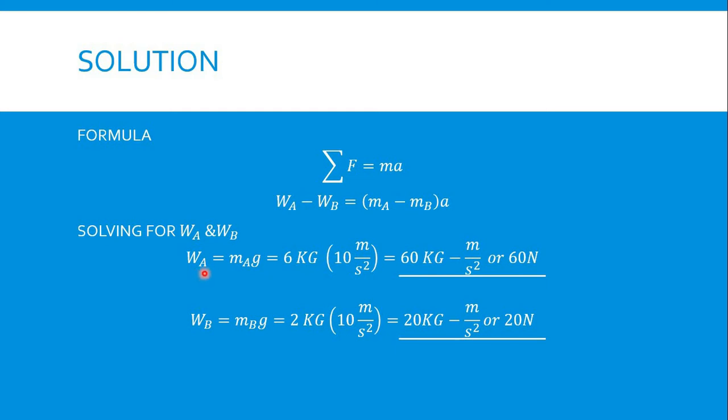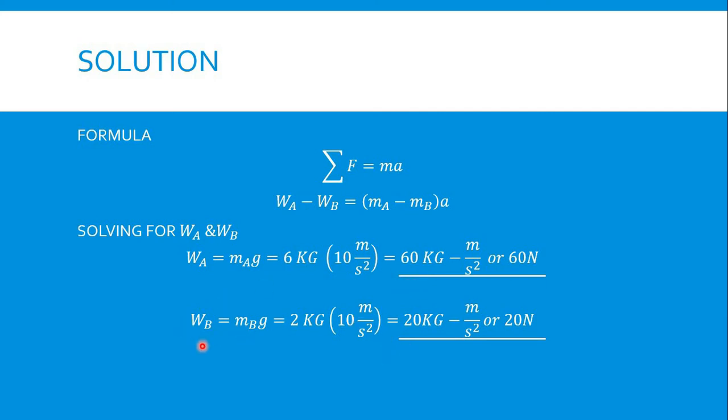Now, by substituting the givens, weight A is equal to mass A multiplied by the gravity: 6 kilograms multiplied by 10 meters per second squared is equal to 60 kilogram meters per second squared, or 60 Newtons.